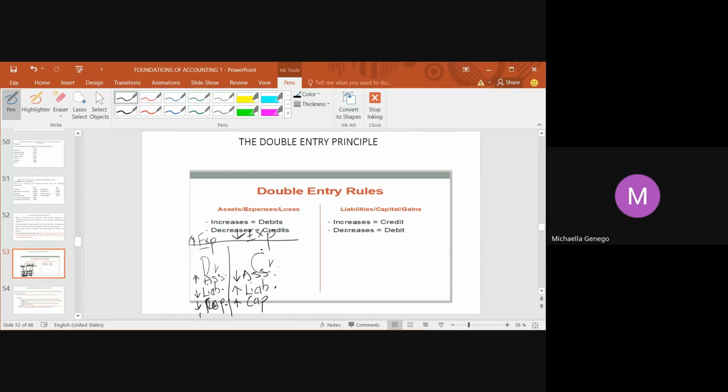And then the last one is, what's the last one? Income. Income too, we put decreases here, decreases in income here. And then we put increases at the credit side. Please note this down.